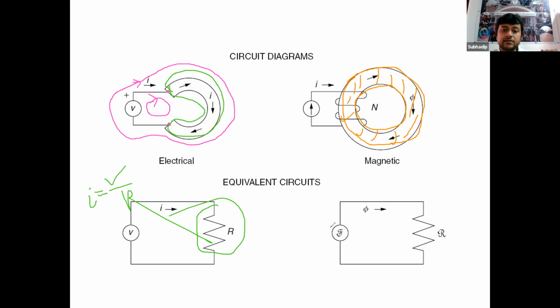This particular thing is nothing but N into I, which is creating the flux phi, and this flux phi flows through the magnetic reluctance path.